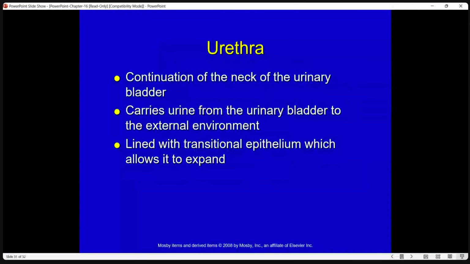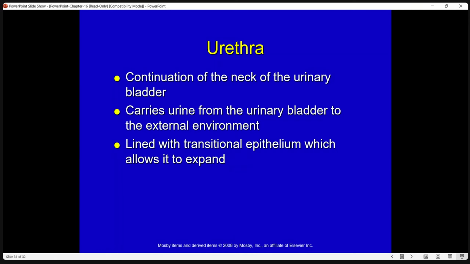Now, nice. Let's proceed. The urethra, of course, you know what the urethra is. It's just a tube leading the urine out of the body, and it's about 20 centimeters, by the way.